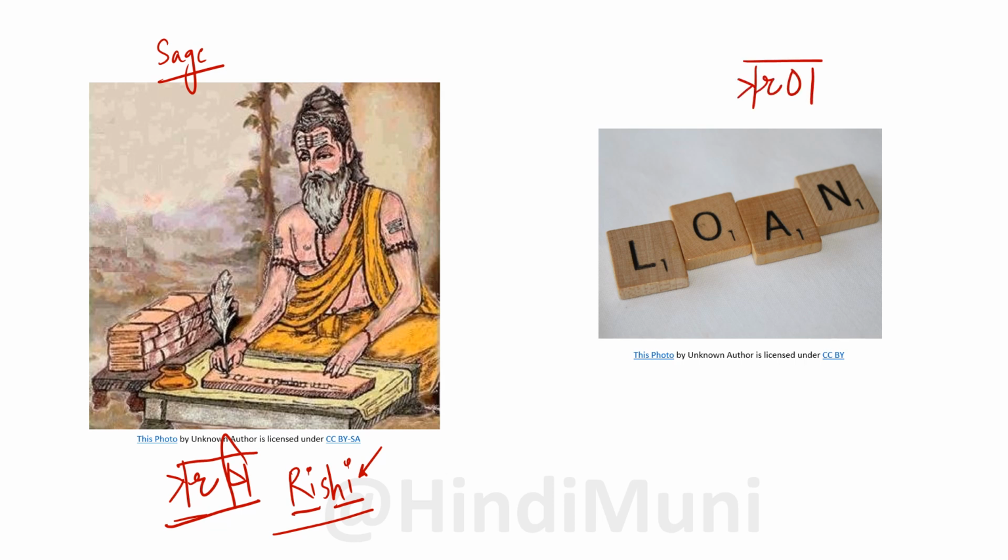Now, this rna sound is a bit different from the usual n sounds. We'll come to it when we look at the vowels. So this is rin.